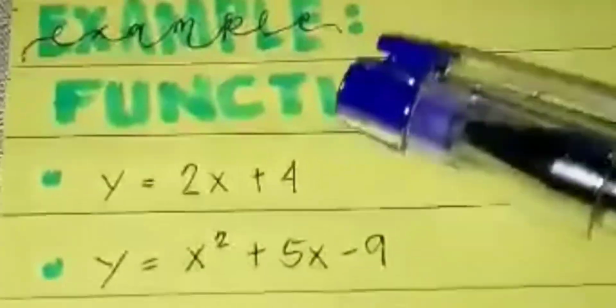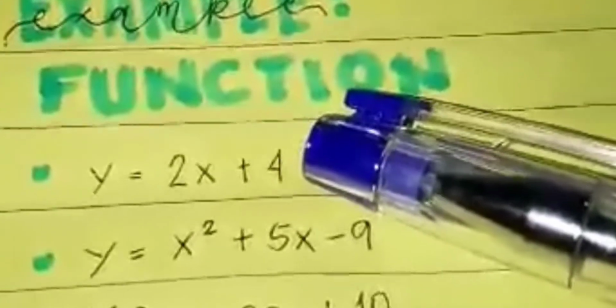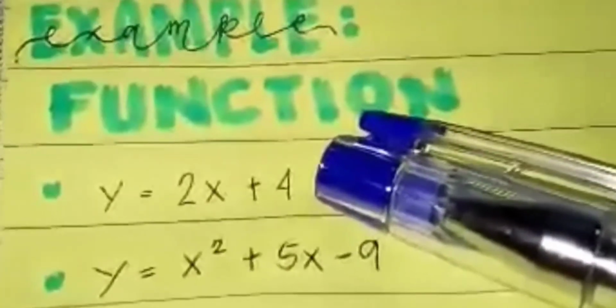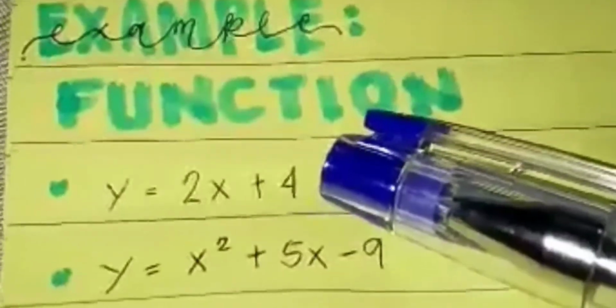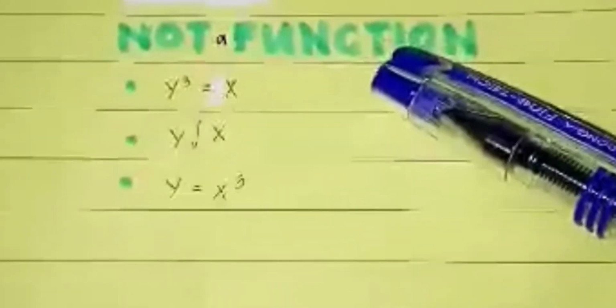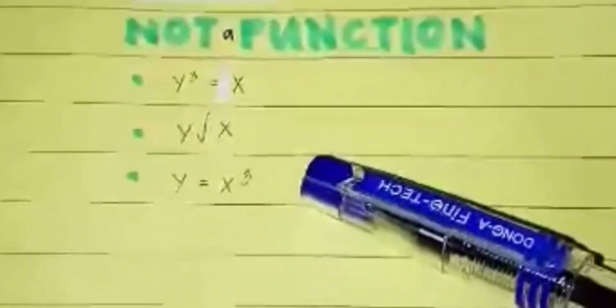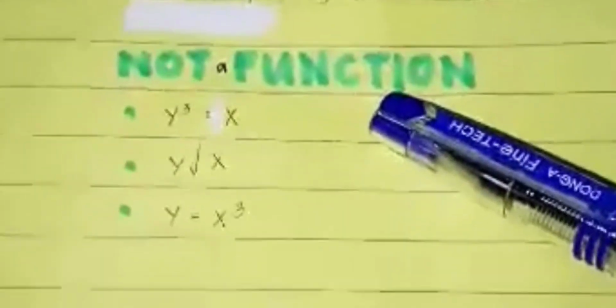These are called functions because each has one corresponding y value. And for example, not a function is y cubed equals x, y squared equals x, y equals x cubed.